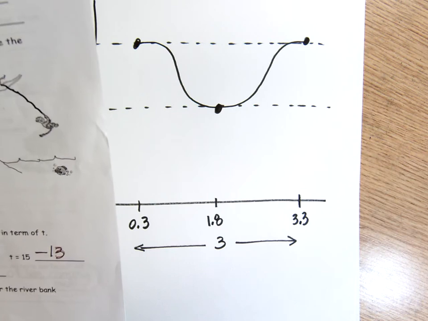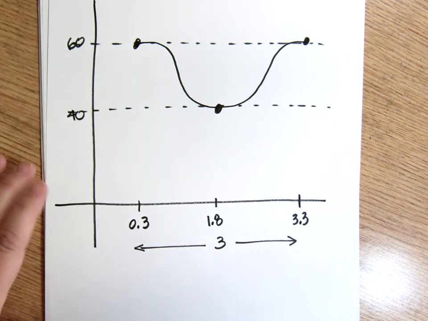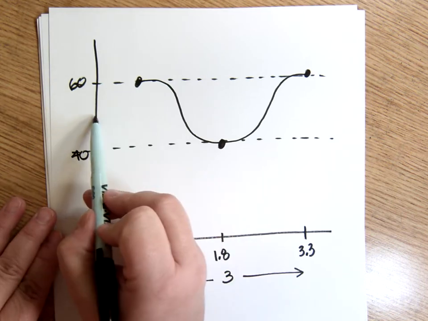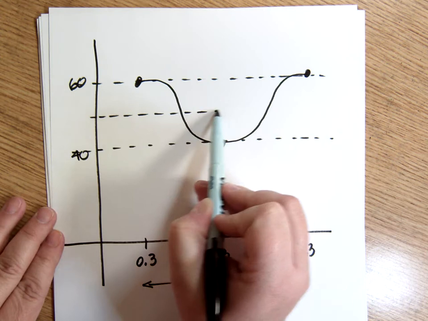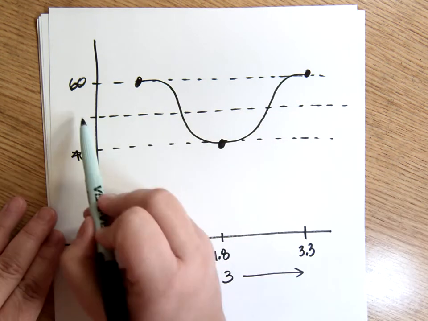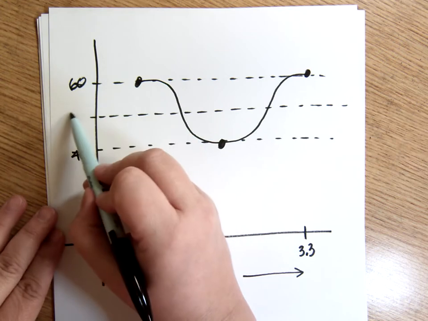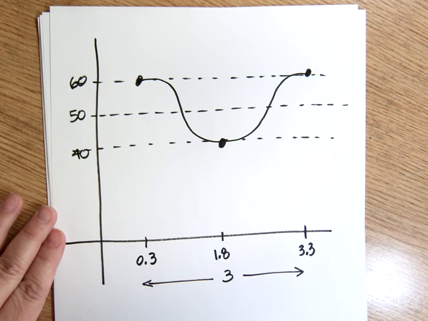All right, sketch a graph of the sinusoidal function. I sure have, but I haven't put the midline on yet. I'm going to average 60 and 40 to find the midline. This one's easy to eyeball: halfway between 60 and 40 is 50. So there's my midline. That's my graph.